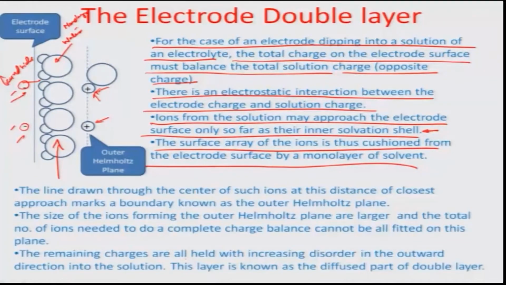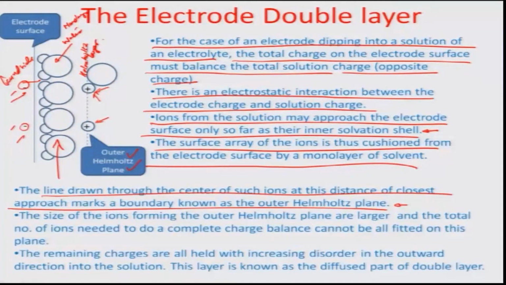The line drawn through the center of such ions at this distance of closest approach marks an imaginary boundary, which we commonly know as the outer Helmholtz plane or Helmholtz layer. So, this is the Helmholtz layer.